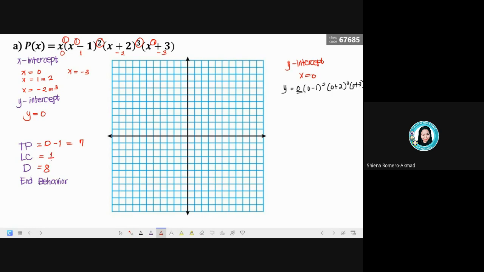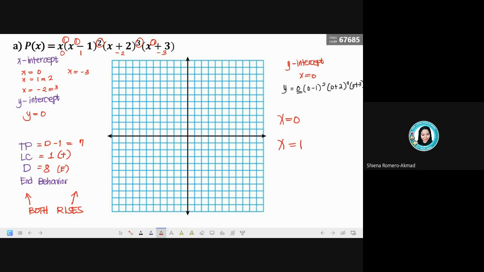Then, the end behavior, both rises. Kasi even to eh. Even and positive. So, both rises yung magiging graph natin. So, let's graph it. Remember the multiplicity. So, isulat ko ulit dito yung x. X is 0.